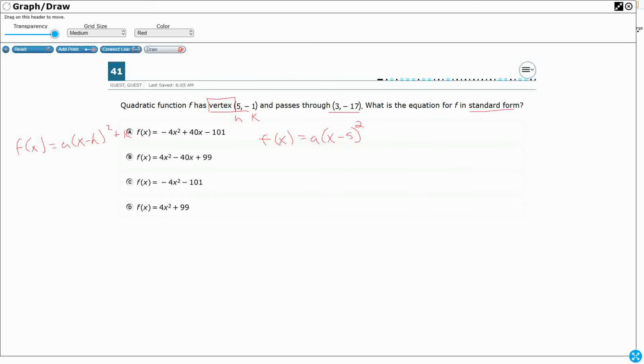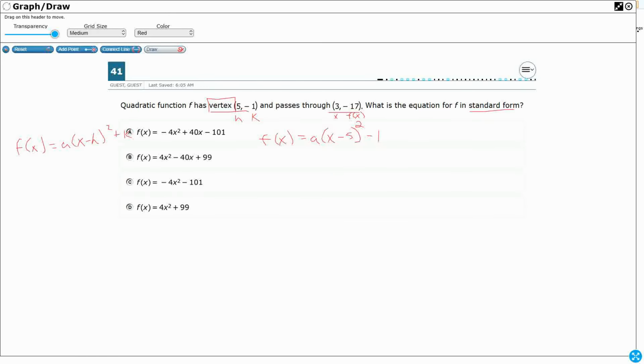And then plus negative 1, we'll go ahead and do that, minus 1. Well, I still have an x and an f of x and an a. Well, since it goes through this point, this means that we can actually take this as our x and our f of x because it must be true since it lies on that point.